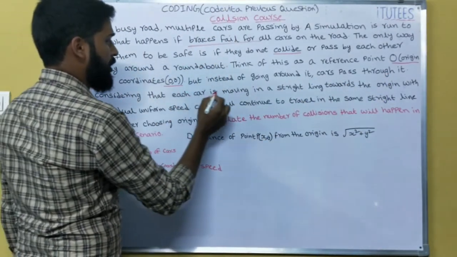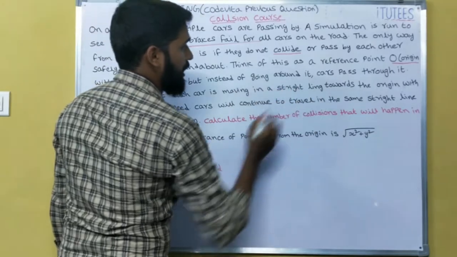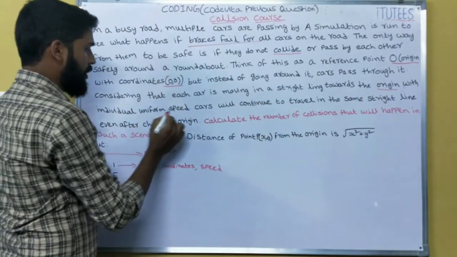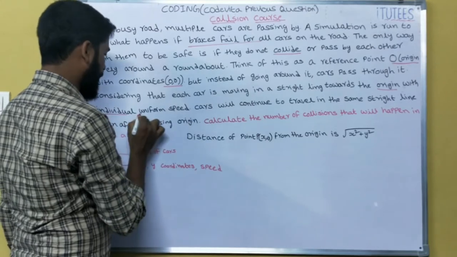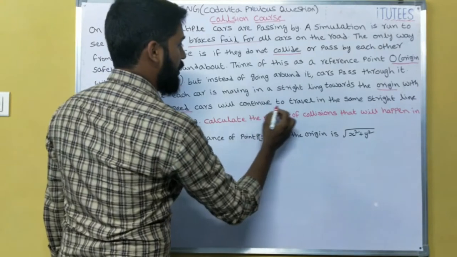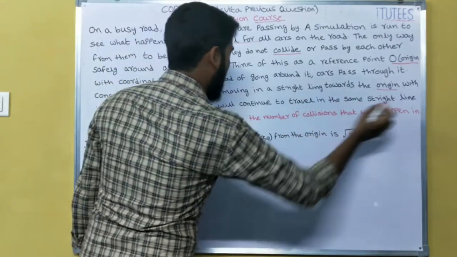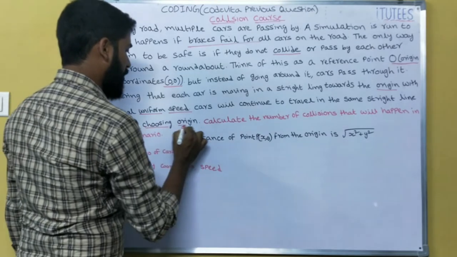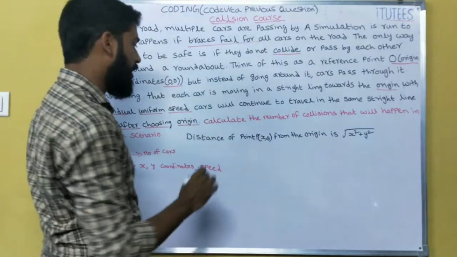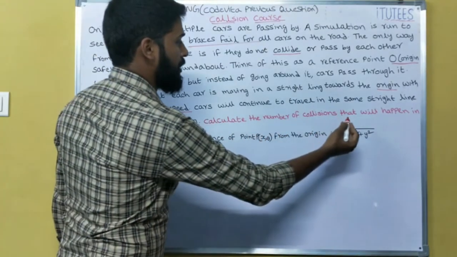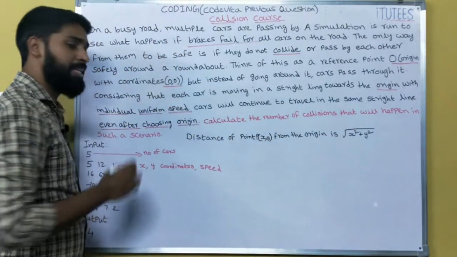Consider that each car is moving in a straight line towards the origin with an individual uniform speed. Cars will continue to travel in the same straight line even after crossing the origin. So our task is to calculate the number of collisions that will happen in such a scenario.